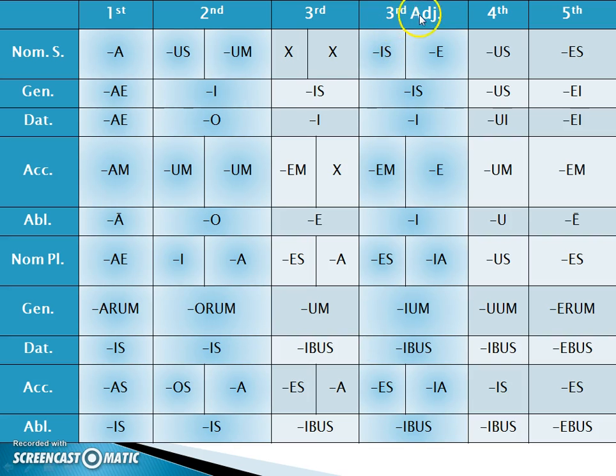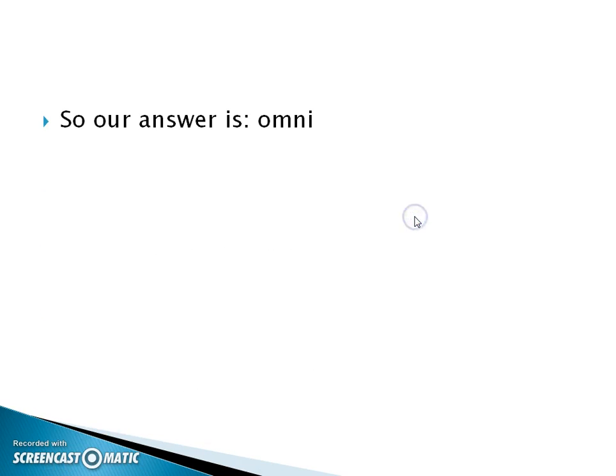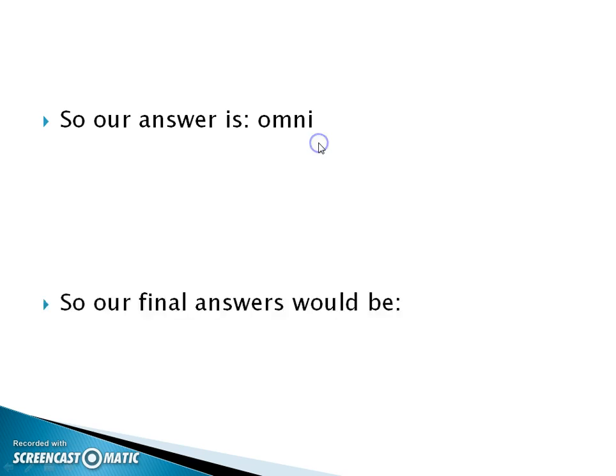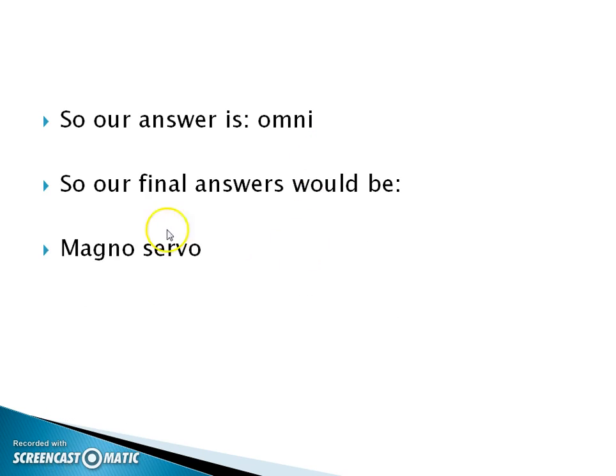We're on the masculine and feminine side, going down until we match the ablative singular that we were already in. Remember, servo was here, so our answers have to be in this row. The only thing that can change is which column you're in. We find there that the third declension adjective ablative singular ending is an i. So our answer is omni. So the final answers for that would be magno servo and omni servo.